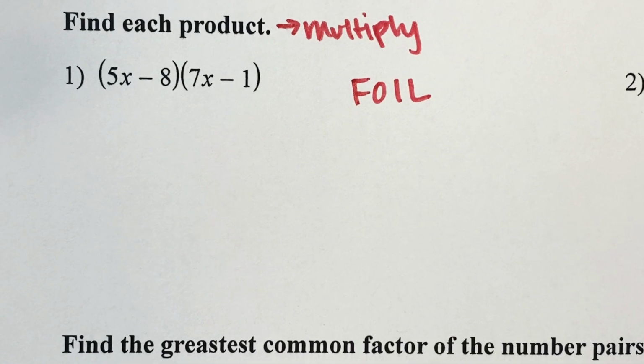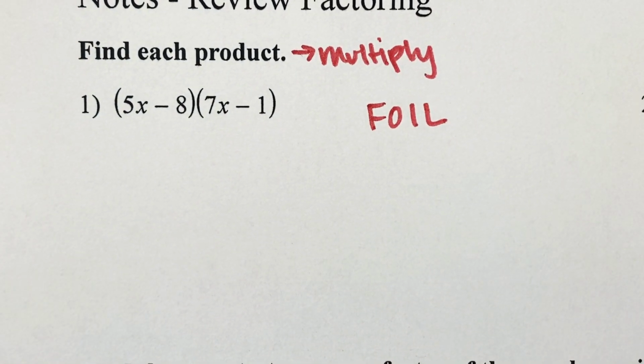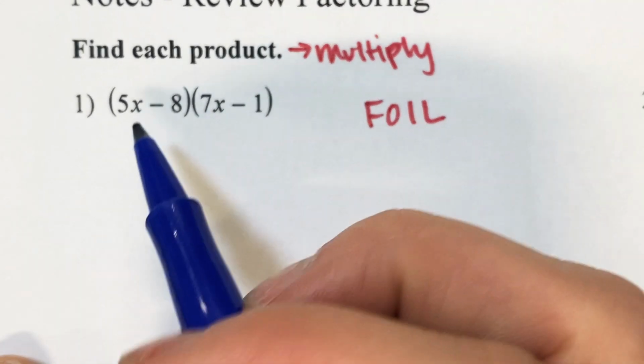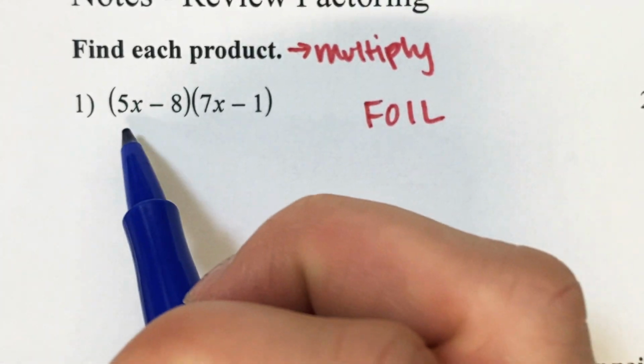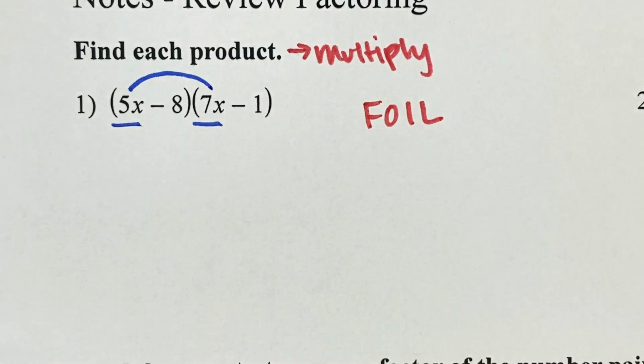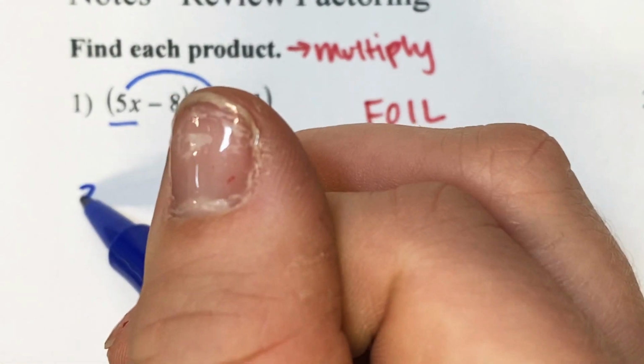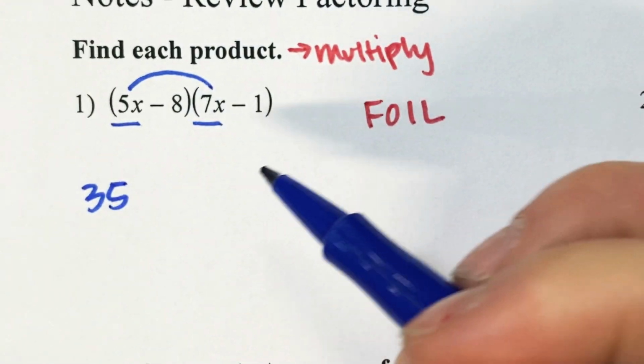For number 1, let's use FOIL. The F in FOIL stands for first. My first terms in my binomials, 5x times 7x, we're going to multiply those together. 5 times 7 is 35.